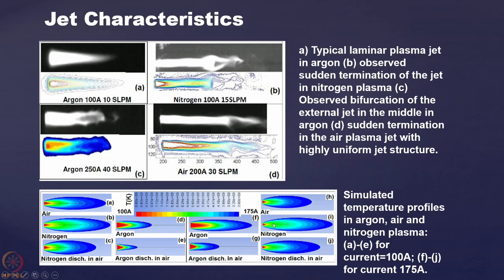This is because of the properties of the plasma itself: the constituents of air plasma are nitrogen and oxygen molecules, atoms and ions, and in argon plasma it is only argon atoms and ions. So that is how the plasma properties change the structure of the plasma jet.